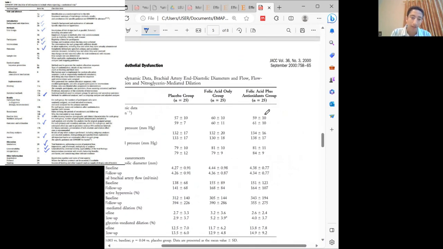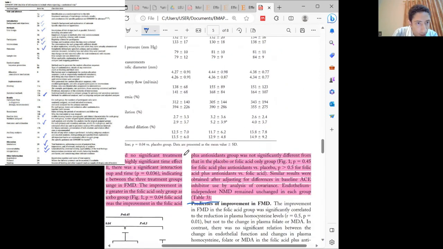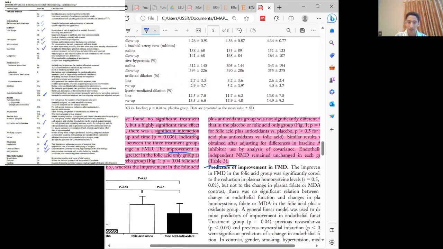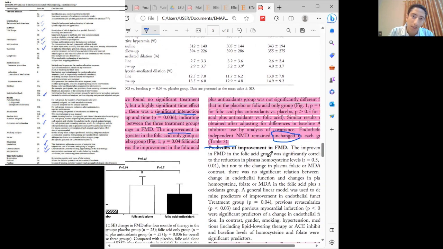We can find a significant interaction, and then we can find the improvement again. Unchanged. So number 17 is done.